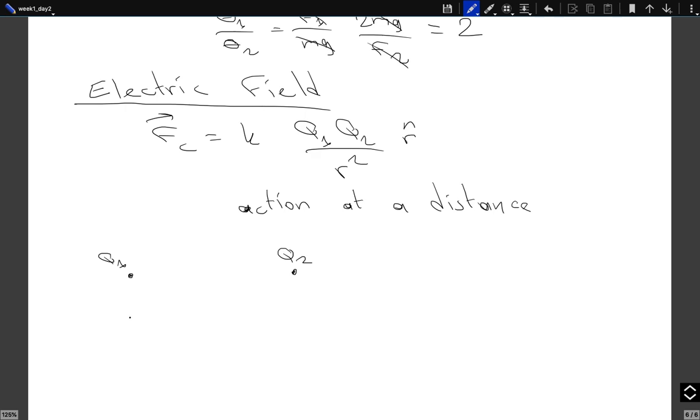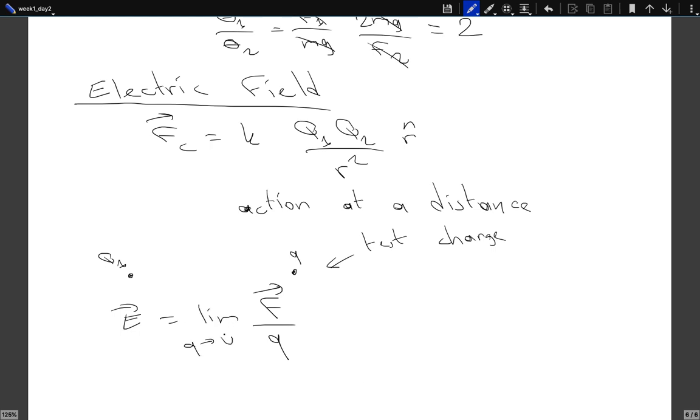Now, that thing created by the charge Q1 at the point Q2 is what we call the electric field. And we define the electric field as, well, you just take a test charge. Let's say instead of Q2, here you put a charge Q. That is our test charge. There is a force that test charge feels, and you divide it by Q, and take the limit as Q goes to 0.